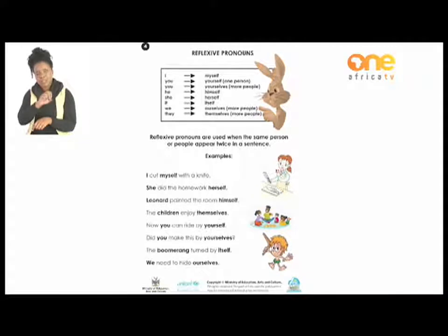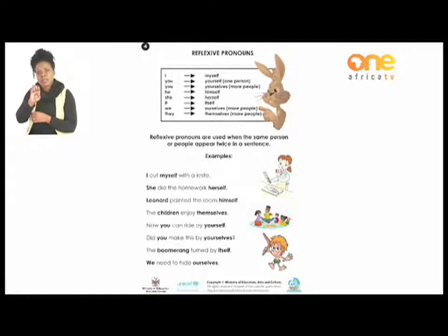Quickly, before we come to the example, I want to highlight one important thing, and that is reflexive pronoun usually ends with self or selves. Now, self refers to one thing, and selves refers to more than one.